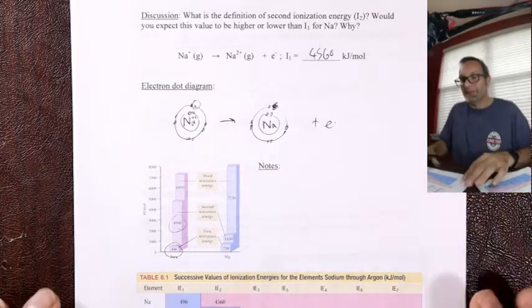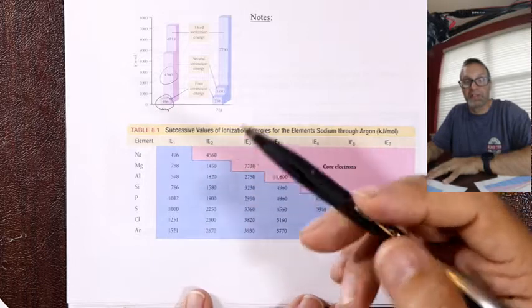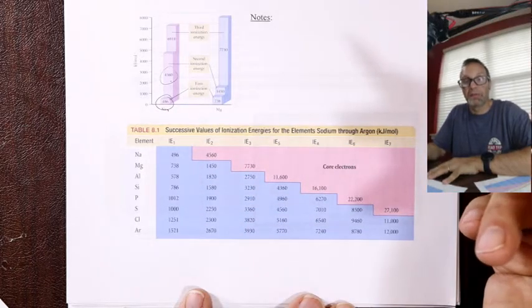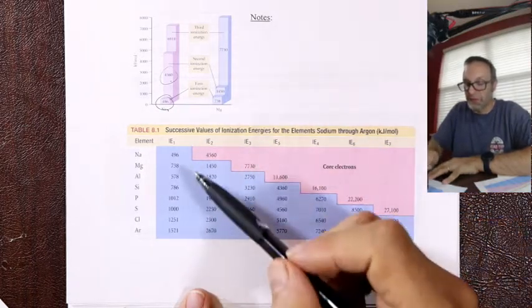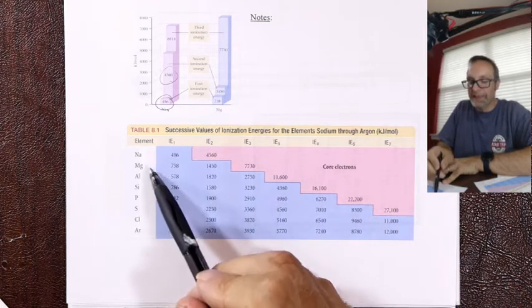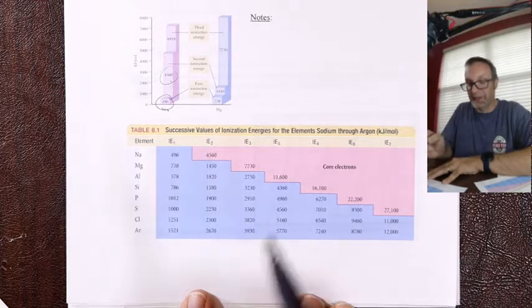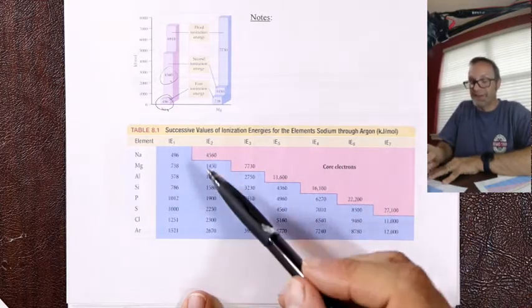So what we see is something interesting. If we think about it, column one has one electron on the outside, that's easy to go, and then the rest are hard. So we see for sodium, the first ionization is super easy, and the rest are really hard. Magnesium, 2 on the outside, group 2. The first 2 are easy, and then we got that inner core left, and the rest are hard. So we see this step function.